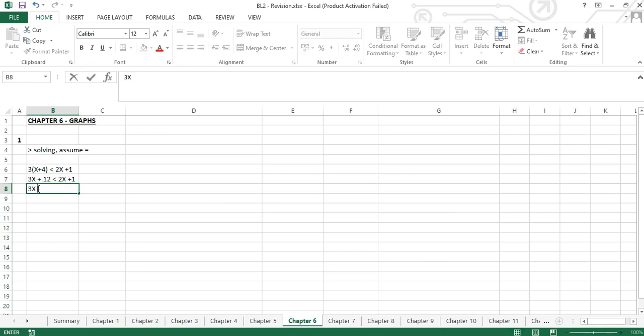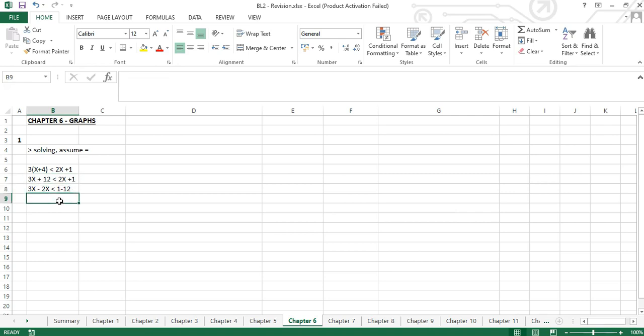3x minus 2x is therefore equal to, actually less than 1 minus 12. We brought plus 12 to this side, which is minus 12. Actually we minus 12 from this way, so we minus 12 from the other side as well.